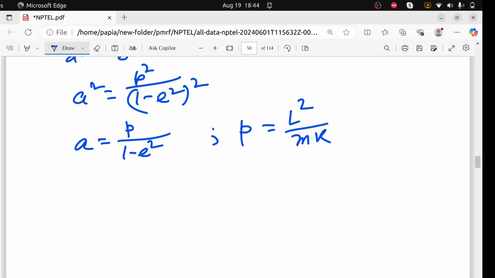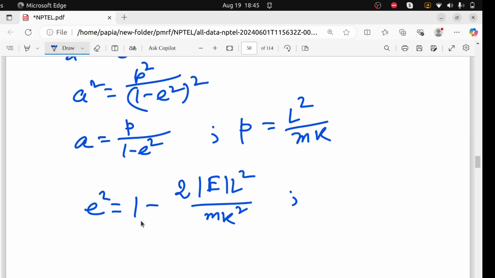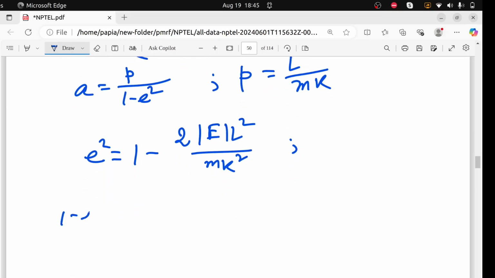And also e square equals 1 minus 2 mod E l square by mk square. Why am I taking mod E? Because I just need the magnitude, but actually E is a negative one, right? Because we are talking about the bounded case. So 1 minus e square will give me 2 mod E l square by m k square.